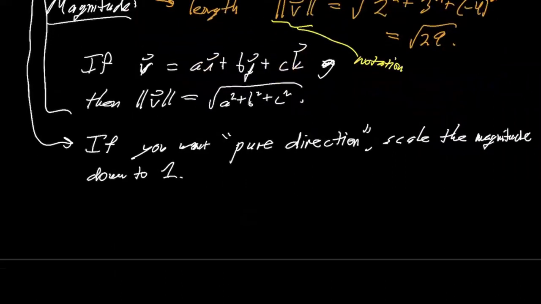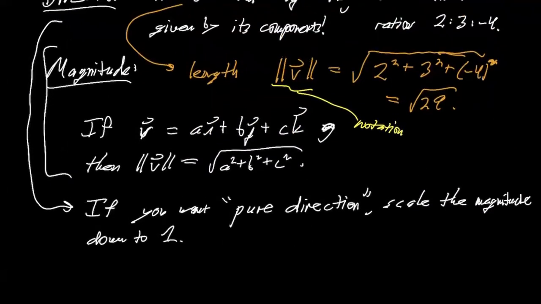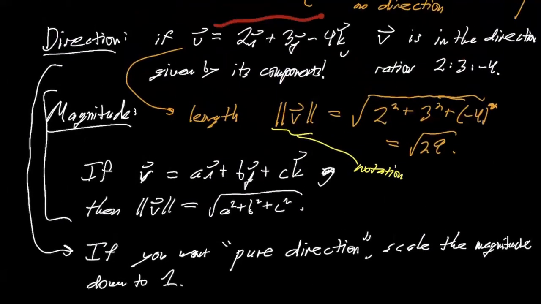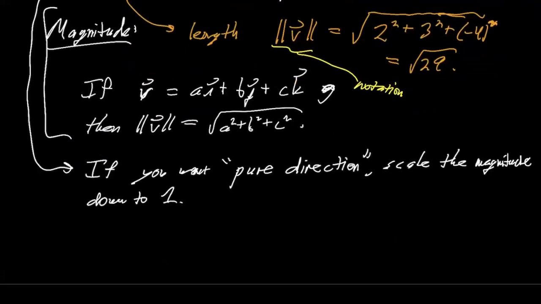So for example, if we wanted this vector v, this 2i plus 3j minus 4k, we could call the vector u, which will be for unit vector. We could take v and scale it by 1 over its magnitude.